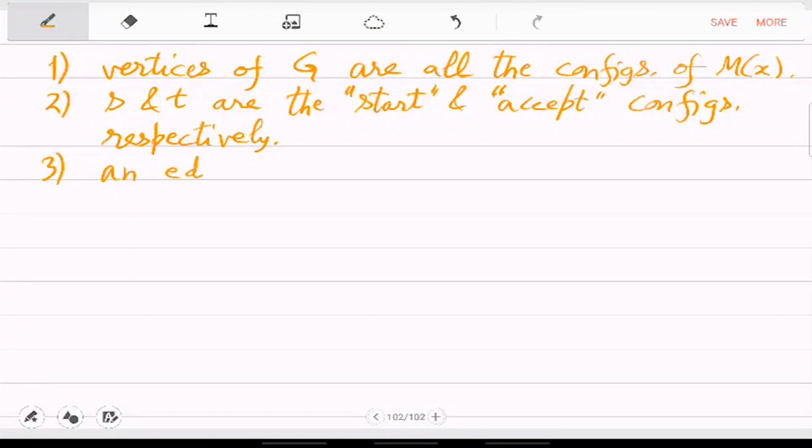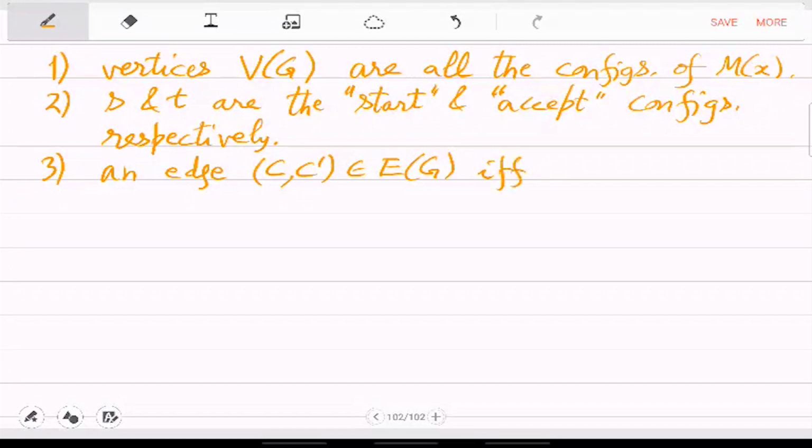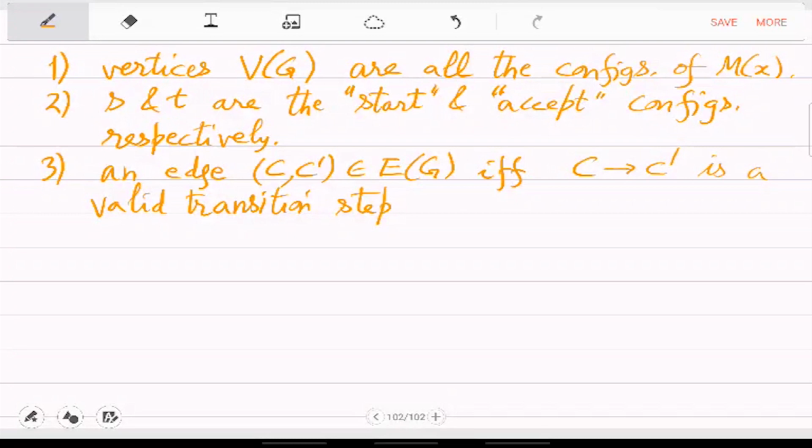An edge C to C prime is in the edge set of G if and only if C to C prime is a valid transition step of Mx.